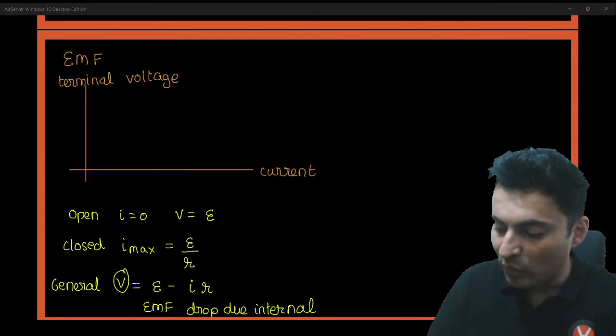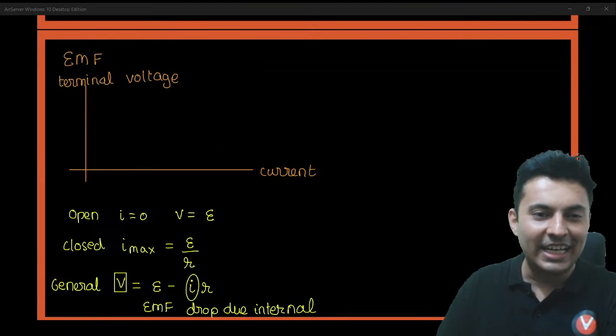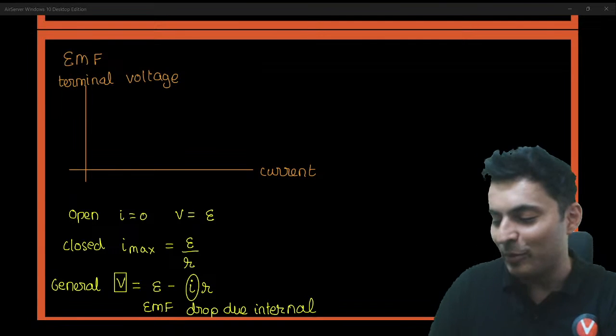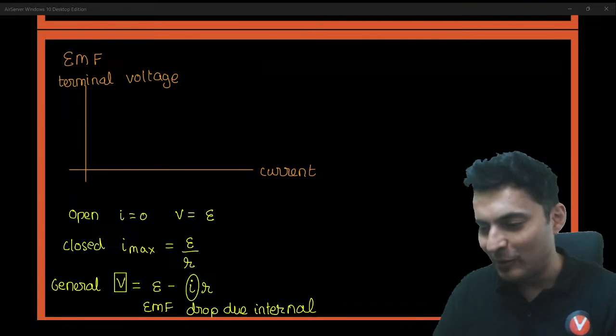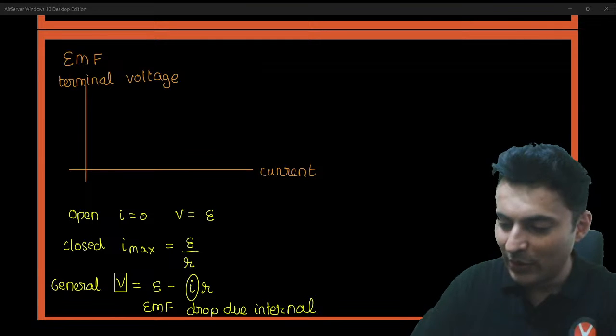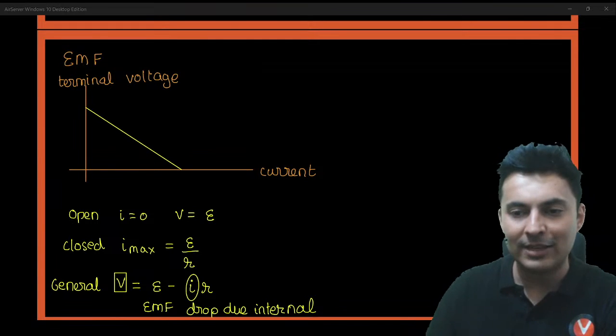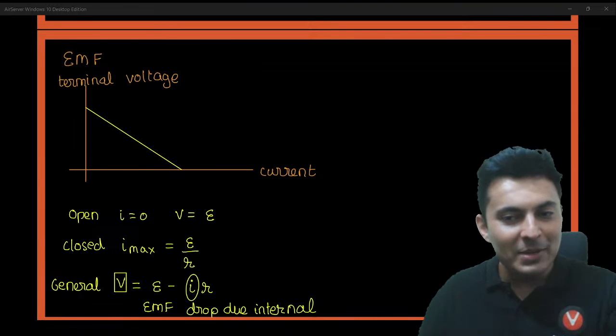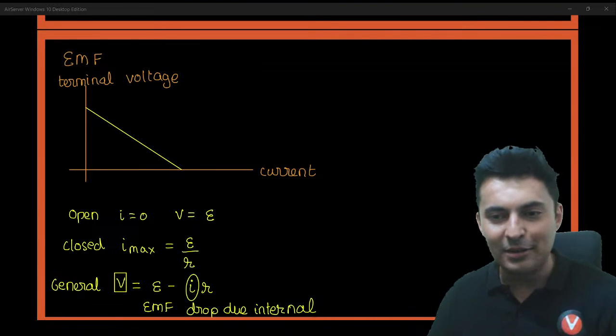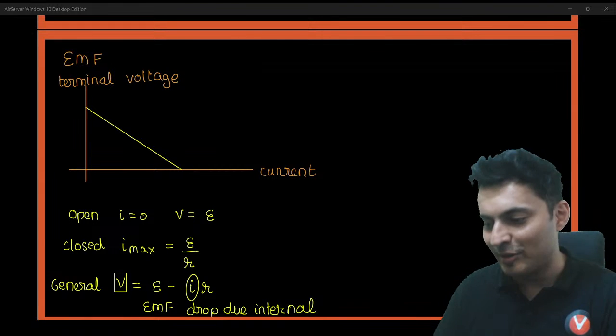If you notice, voltage and current look like a straight line equation, yes, with a negative slope. So you're going to see a straight graph like this. It will not be a curve. It will be a negative slope.